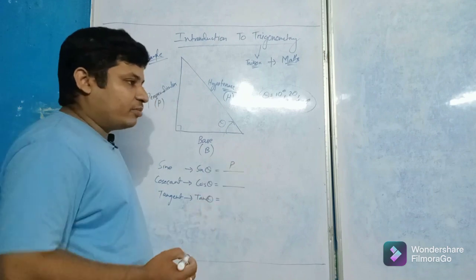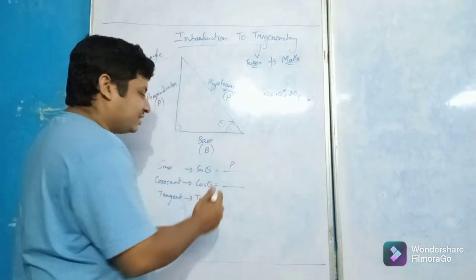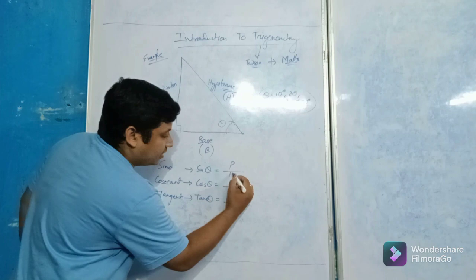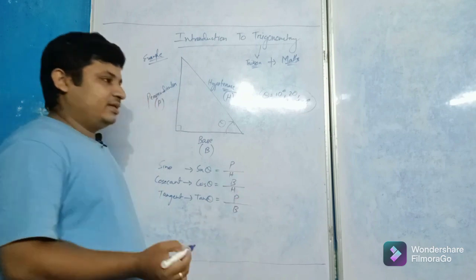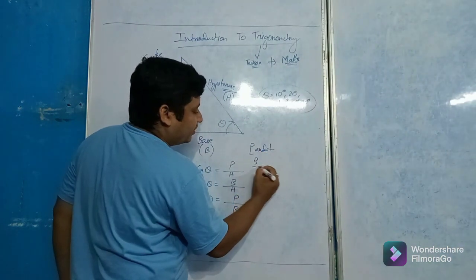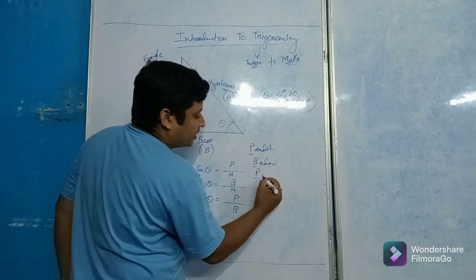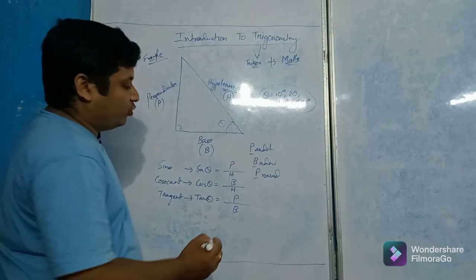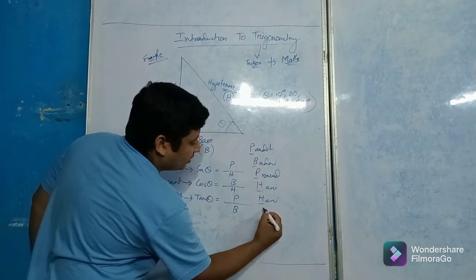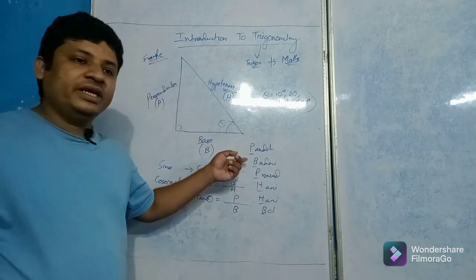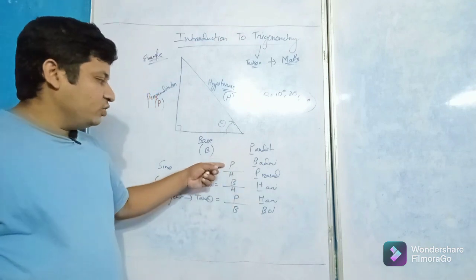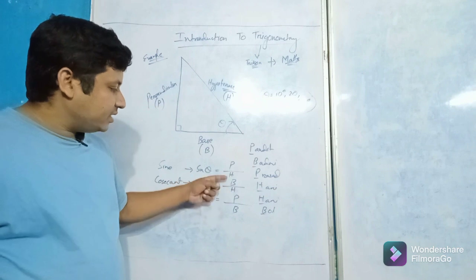So this has got a formula, like I used to remember like this: Pandit, Badri, Prasad, Hari, Hari, Bol. So the names have been underlined: P, B, P, H, H, B. Here it has been used: Pandit, Badri, Prasad, Hari, Hari, Bol.